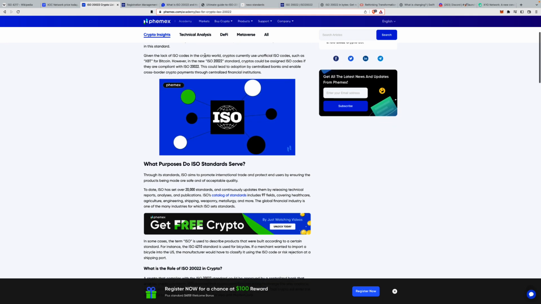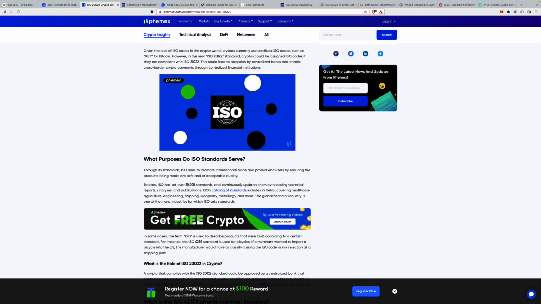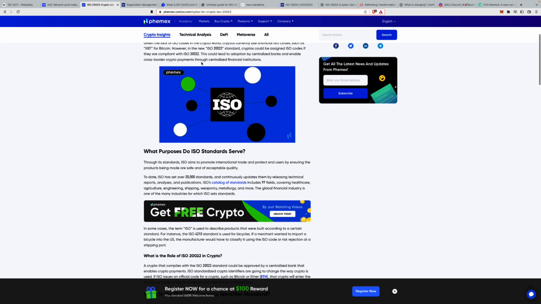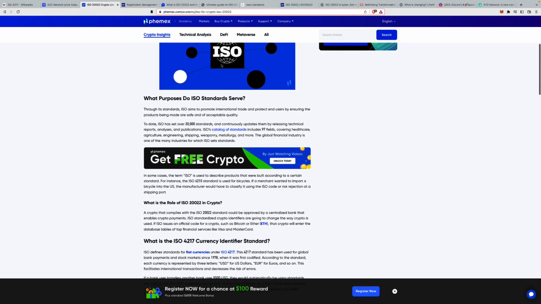Given the lack of ISO codes in the crypto world, cryptos currently use unofficial codes such as XBT for Bitcoin. However, in the new ISO 222 standard, cryptos could be assigned ISO codes if they are compliant with ISO 222. This could lead to adoption by centralized banks and enable cross-border crypto payments through centralized financial institutions.